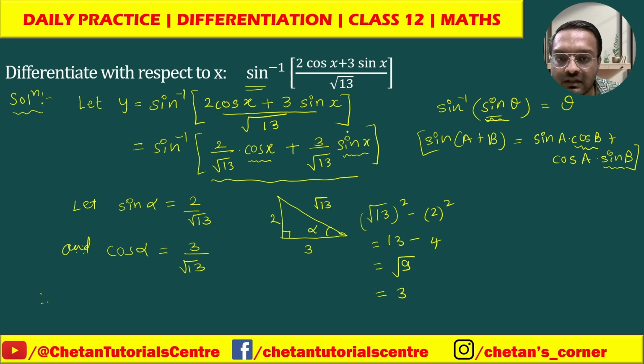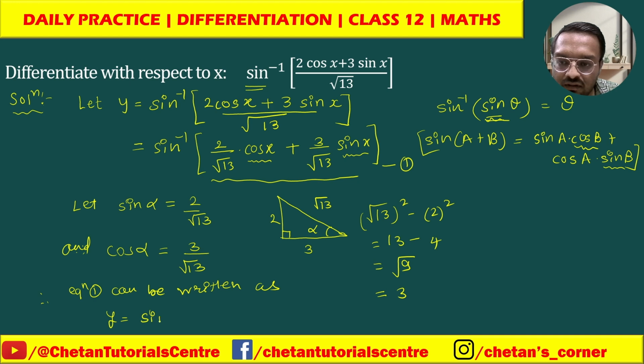I will denote this as equation 1. Therefore equation 1 can be written as y is equal to sine inverse of (sine alpha into cos x plus cos alpha into sine of x).